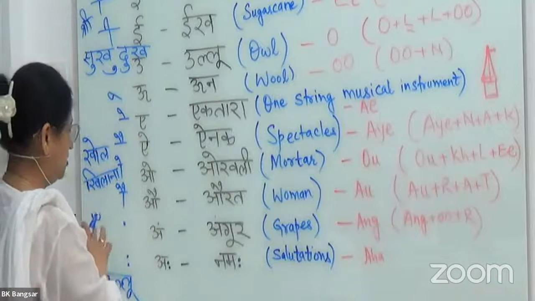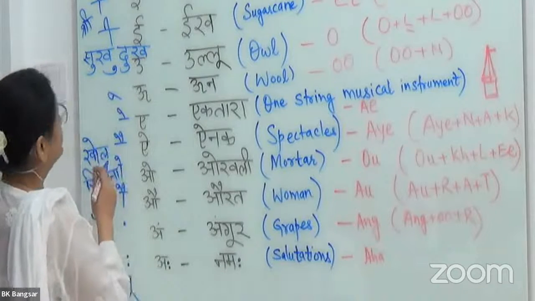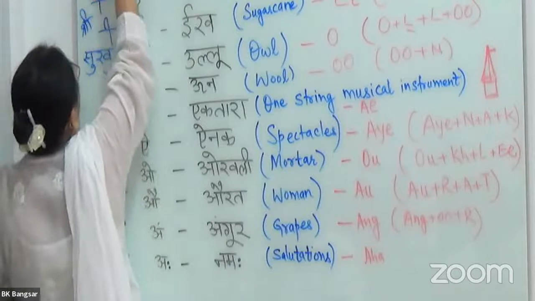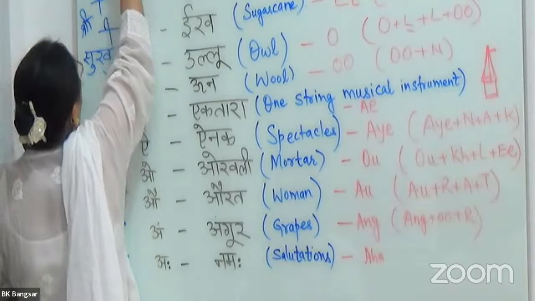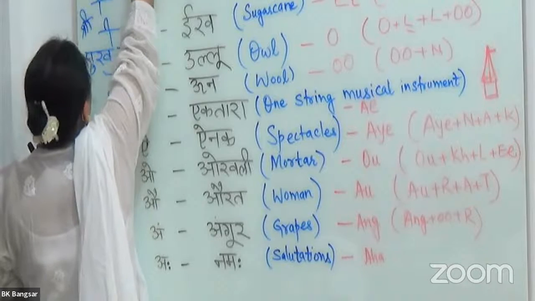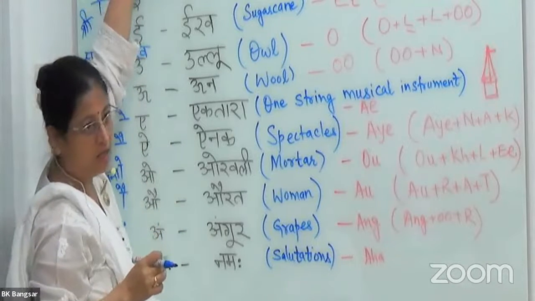If I change this another way, using just k and l, so I just now said small e, a and a, right?